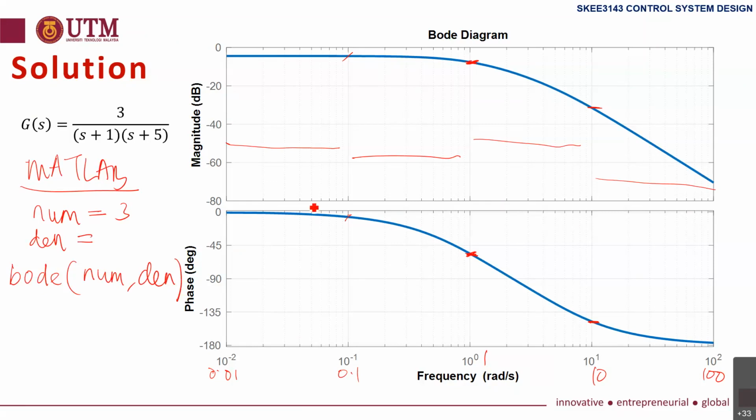You input this, then you get the Bode plot. The Bode plot is a separate plot of magnitude and phase, both versus omega in radian per second, and omega is given in log scale.